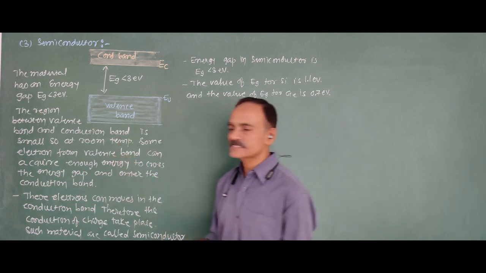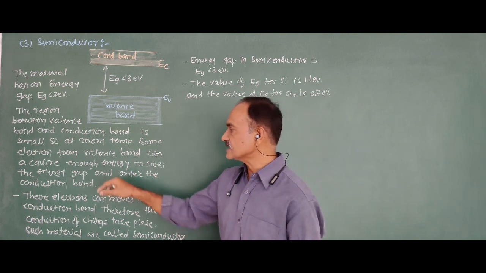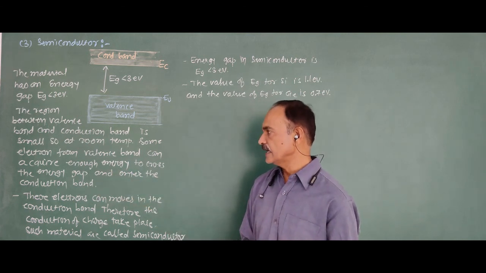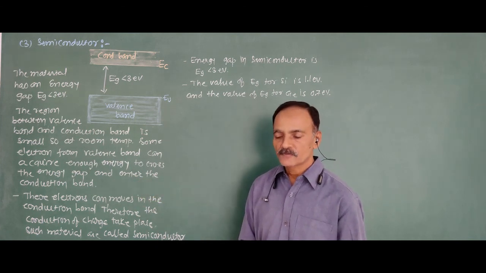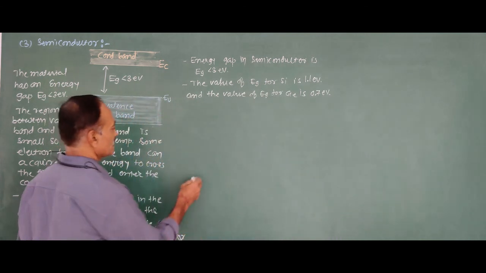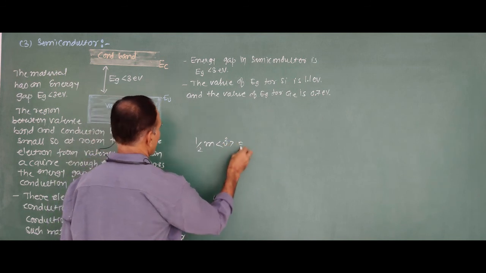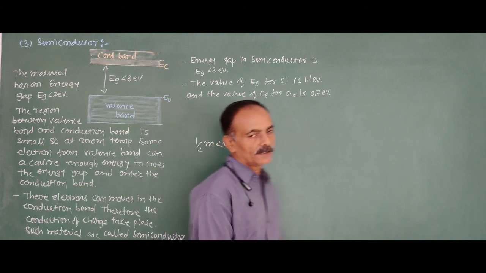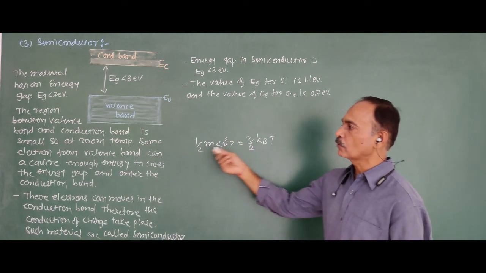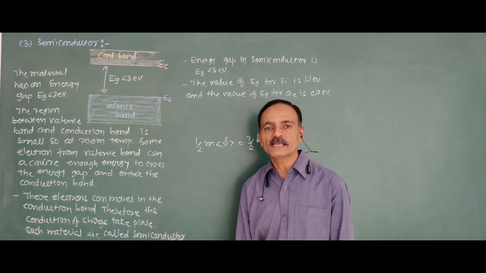So, at room temperature, some electrons from the valence band can acquire the energy to cross the energy gap and enter the conduction band. We know that the vibrational kinetic energy, half m v square, is equal to 3 by 2 kB T. At 0 Kelvin temperature, all the electrons are bound in the valence band.